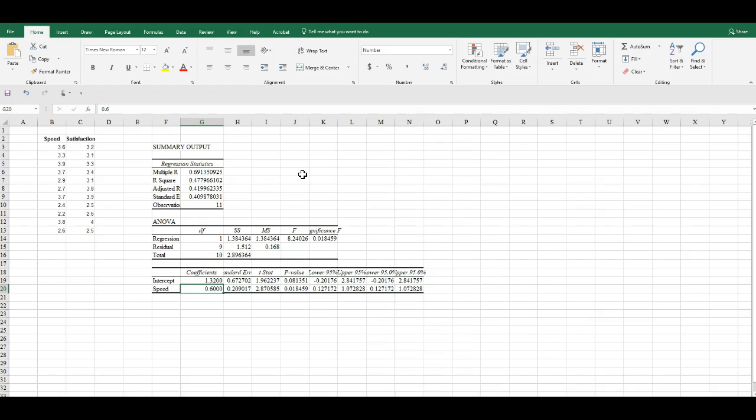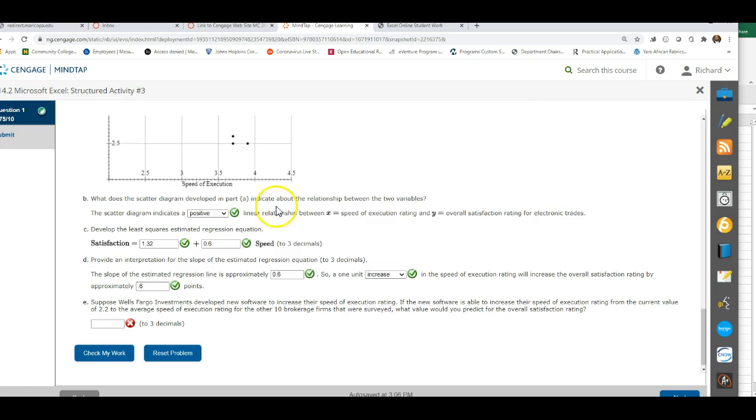So the intercept is 1.32, and that slope value is 0.6. So it seems that in doing the regression equation, 1.32 is the intercept, the y-intercept. If the speed were 0, the slope for the speed is 0.6.